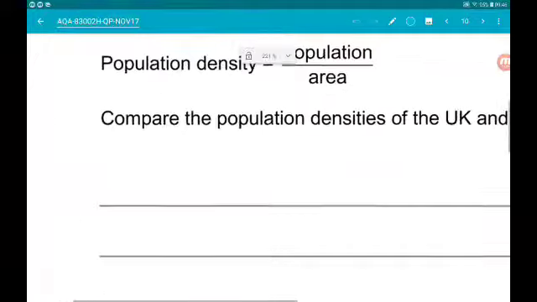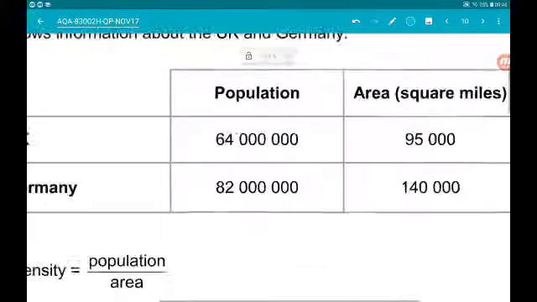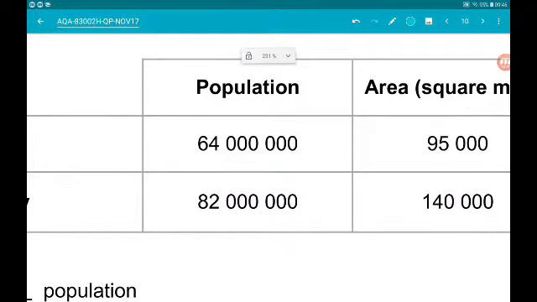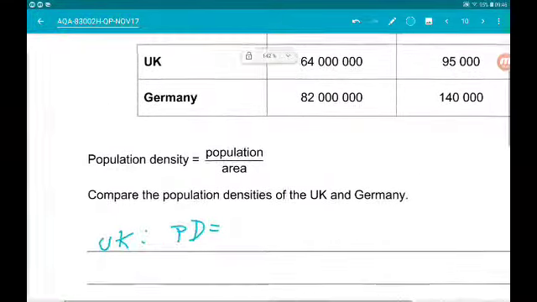So, for the UK, the population density is 64 million divided by 95,000.